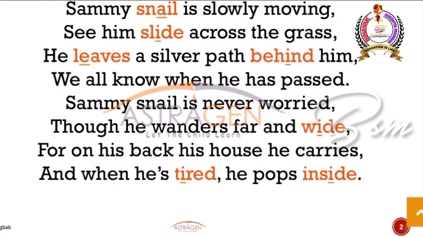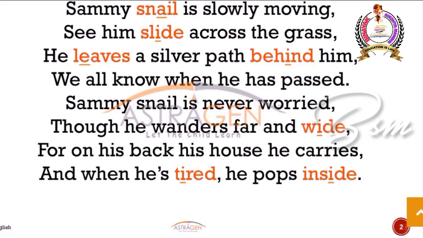Then the sound for the letter E, like in the word egg, is eh, and also in elephant, and the long sound is E, like in eagle. Here in leaves. The long sound of A is also there in the word snail. Correct?